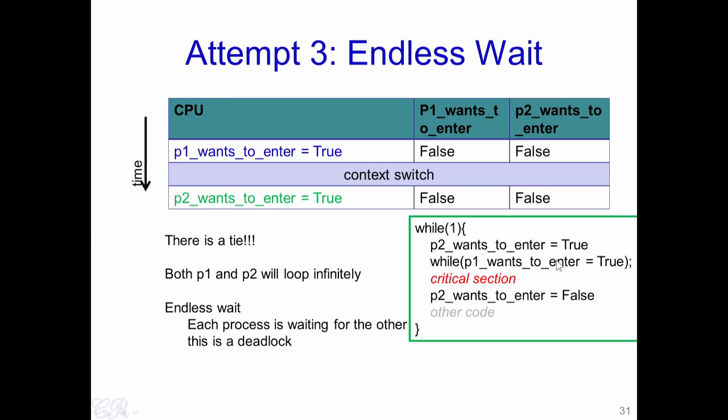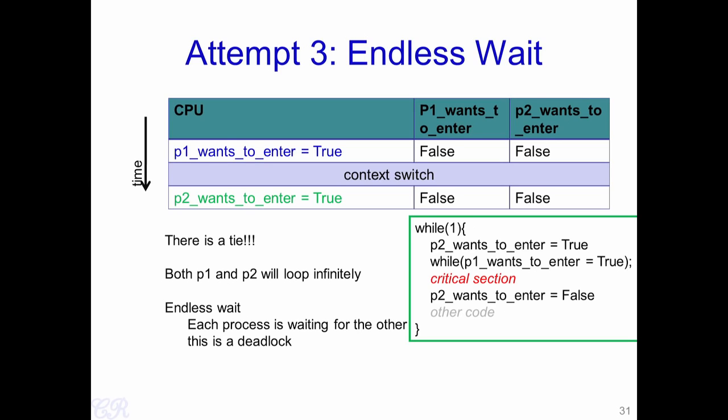Essentially, process 1 is waiting for process 2 to set its flag to false, while process 2 is waiting for process 1 to set its flag to false. So, we have reached a state where each process is waiting for the other process to do something.